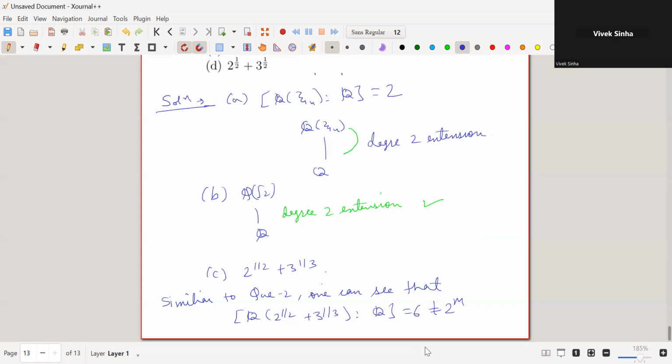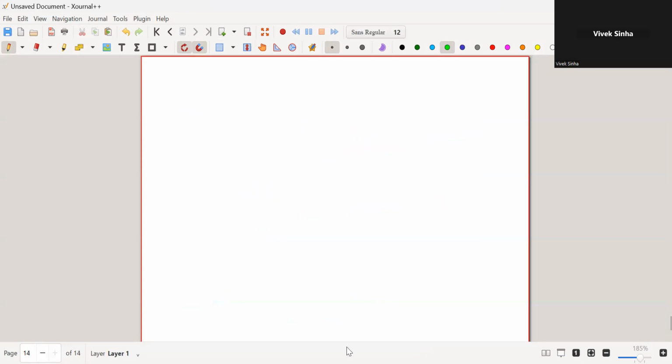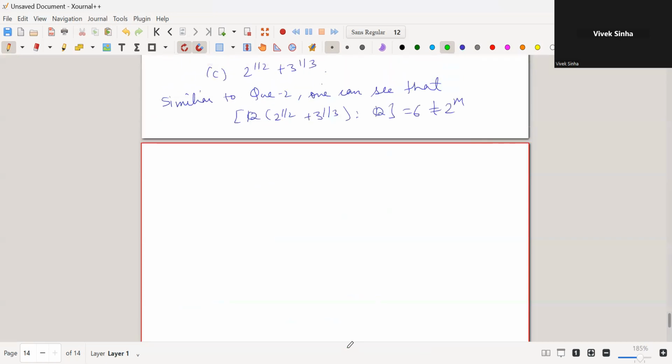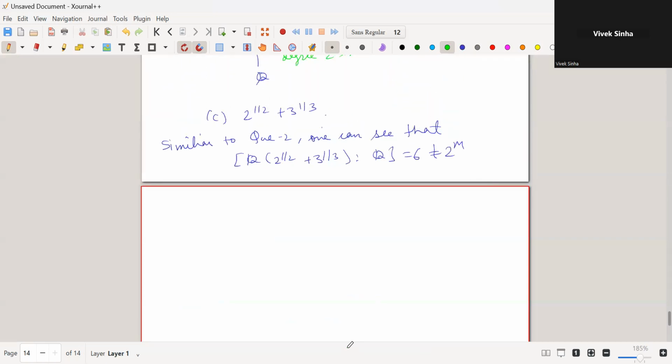So this option is not correct. This is not constructible. So this implies 2^(1/2) plus 3^(1/3) is not constructible.